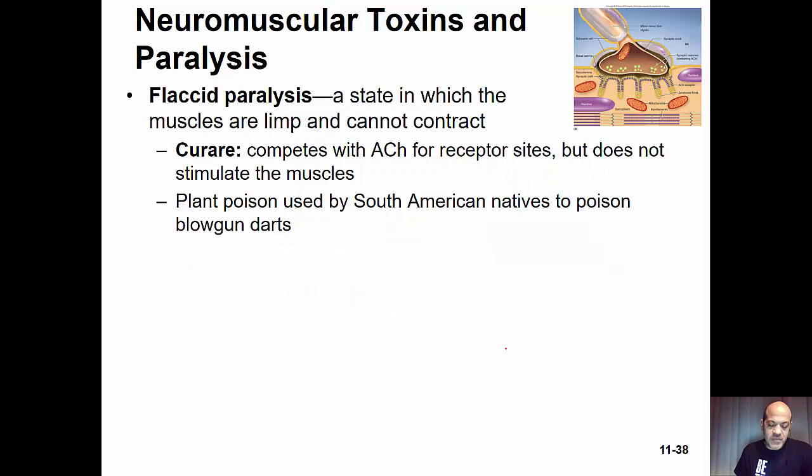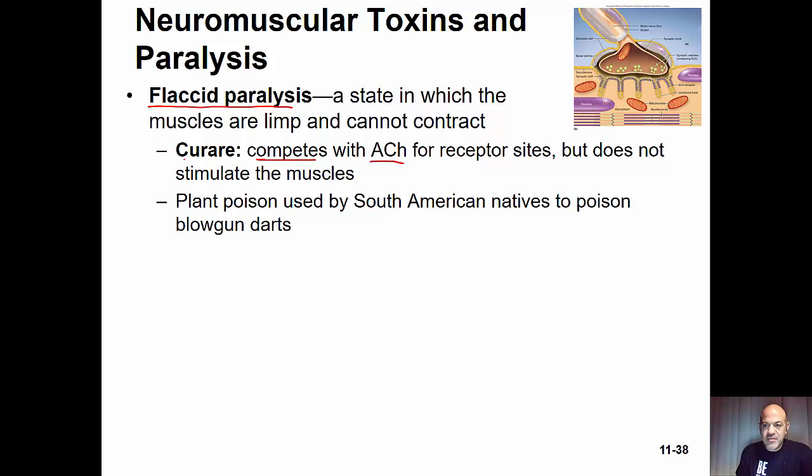The complete opposite of spastic paralysis is flaccid paralysis, where the muscle cannot contract. In flaccid paralysis, the muscle is limp and can't contract. There's a poison called curare that competes with acetylcholine. So imagine we release acetylcholine, but in this area here, you have the curare going and bonding to the acetylcholine receptors, the little blue structures in our model here.